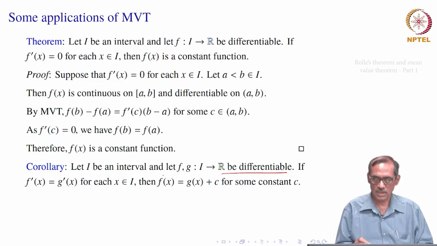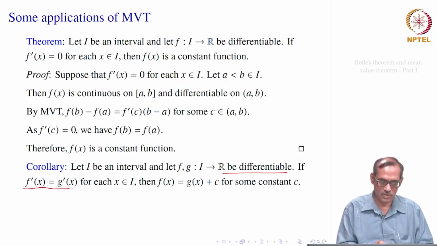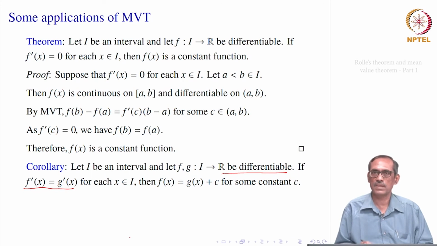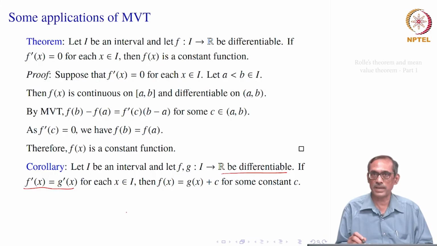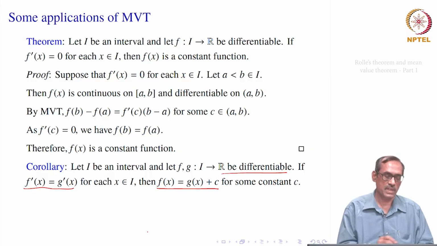So, f minus g is defined over I to R, and f minus g prime equal to 0 on the interval I. So, applying the previous result, we get that f x minus g x is a constant function, some number. Therefore, we conclude f x equal to g x plus c for some constant c. So, this says that if the derivatives of 2 functions are the same at every point of an interval, then they will differ by a constant.